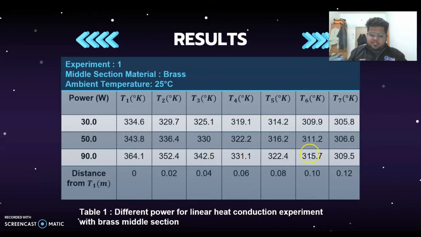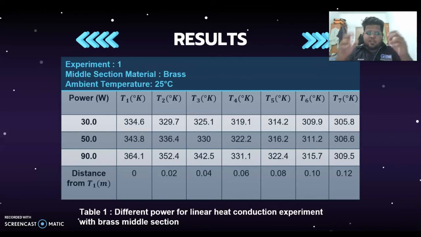Okay, you might be wondering why the temperature decreases further from the heat source. This is because heat transfers from a hot region to a cold region.